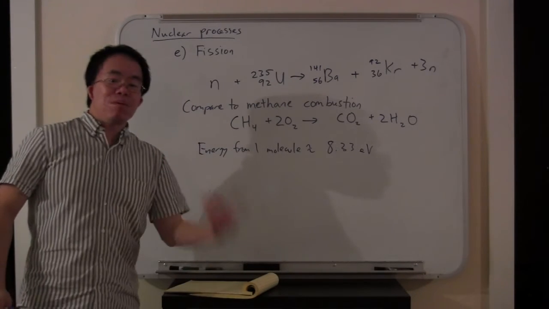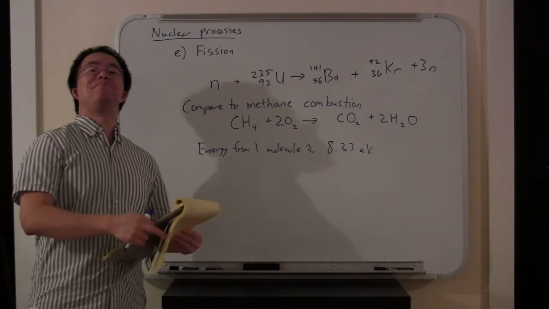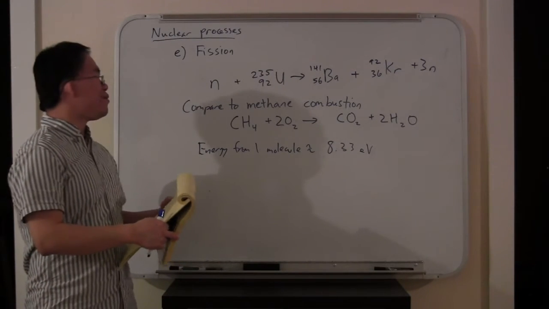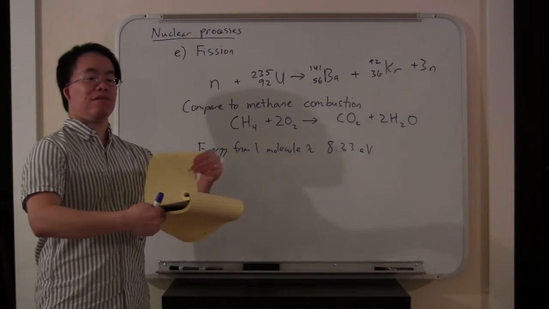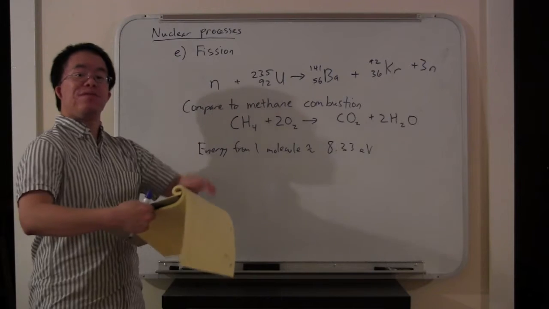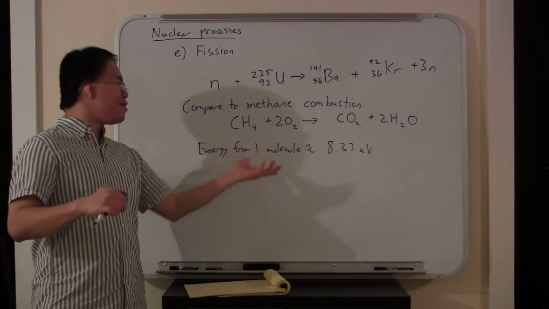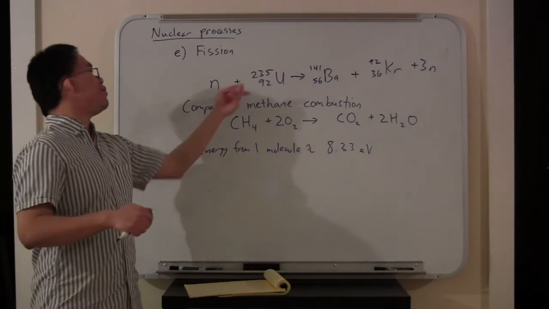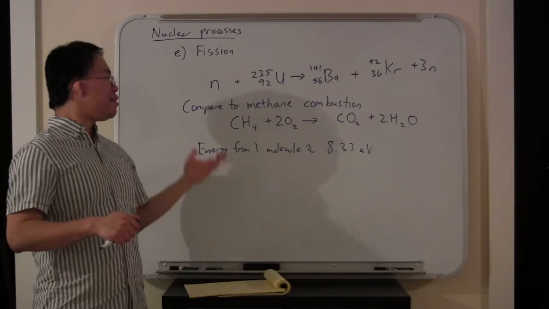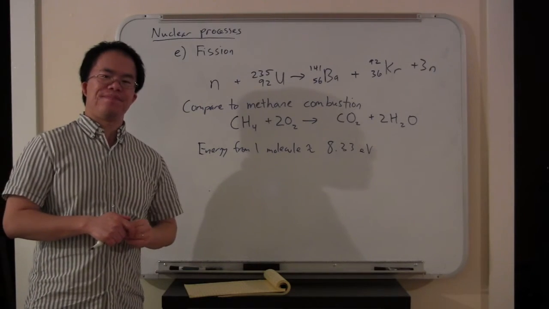So that's orders of magnitude different, right? Because we were just talking about mega electron volts, about 170-something mega electron volts, for the fission of a uranium nucleus. And so that gives you a sense of the scale of how much more energy you can get out of a fission event than burning stuff.